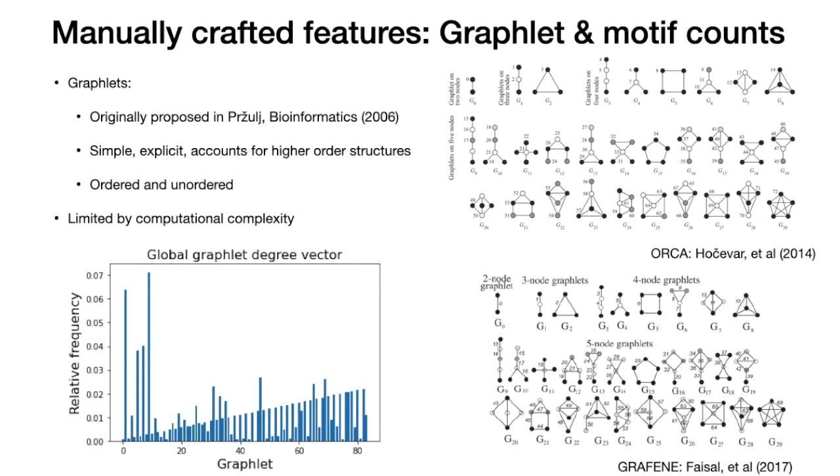Since we are summarizing protein structure, we use graphlets in order to generate a so-called global graphlet degree vector, which is done by computing node-level graphlet degree vectors and collapsing them into a histogram of structural motifs, which is seen below. In our benchmarking study, we considered two different graphlet representations. Those computed by ORCA, which does not consider orbits, seen on the top right, and the representations computed by Graphene, which does consider orbits and whose graphlets are seen on the bottom right.